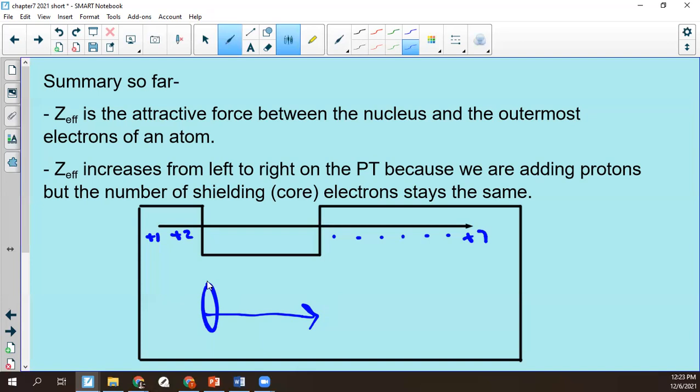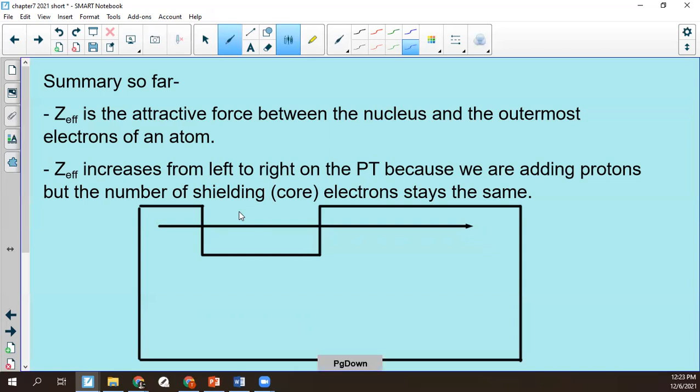There are exceptions, and we'll visit them, but not stress about them. So you absolutely need to know the trend that Zeff increases from left to right. But what we really need to know is, what does that affect that I actually see? And we're going to talk about that.